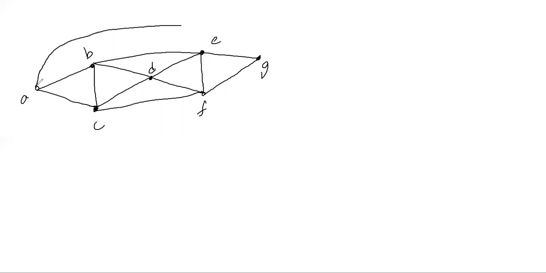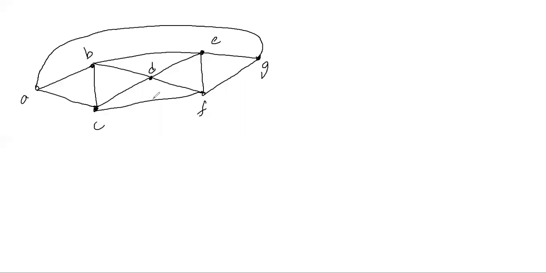A, B, C, D. This is vertex D. D, F. Next, this is G. Next, E. Okay. One more. Now, listen here. This is one graph.